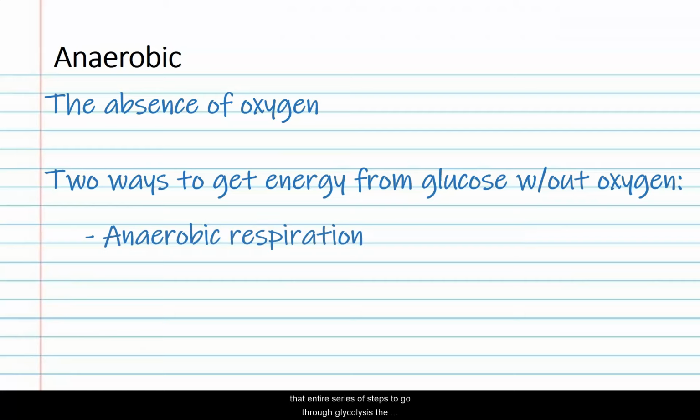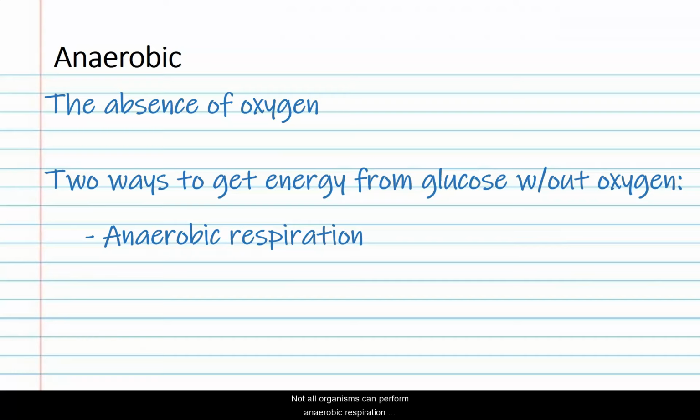You go through glycolysis, the intermediate step, the Krebs cycle, the electron transport chain, but instead of dumping electrons on oxygen molecules, you dump those electrons on something like nitrate or carbonate, other molecules. They can act as terminal electron acceptors.